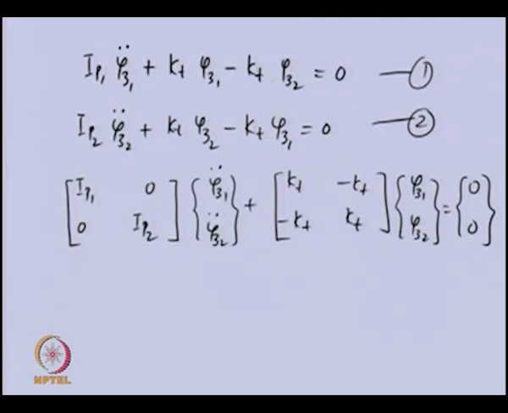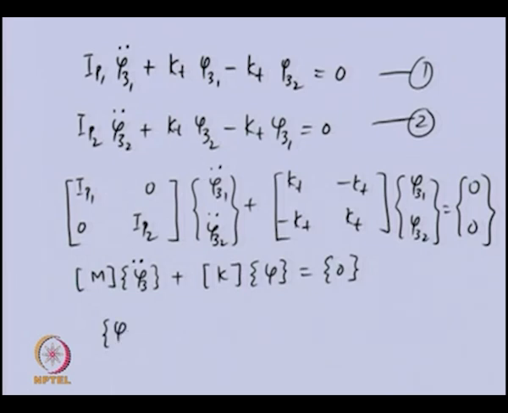And okay, so we can write this in a more standard form, like a matrix M, the mass matrix, and the angular displacement acceleration, plus the stiffness matrix and the angular displacement vector, is equal to 0. Now we can choose the angular displacement, which is a function of time, as an amplitude part of the displacement and the harmonic part.